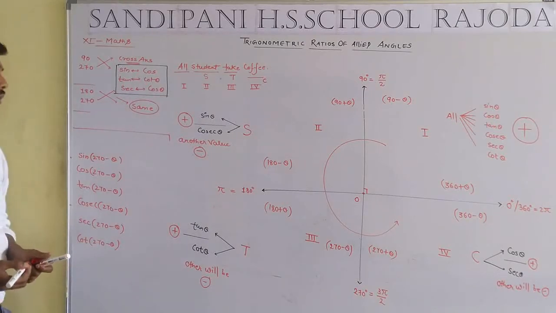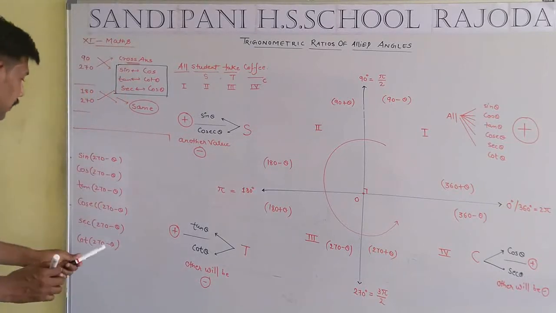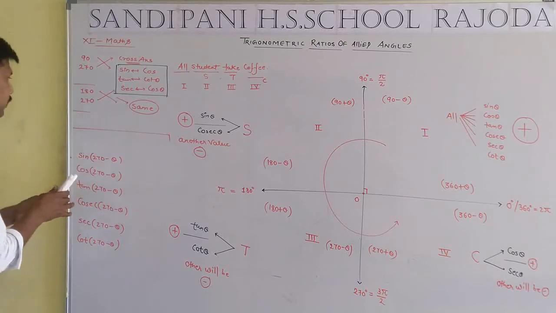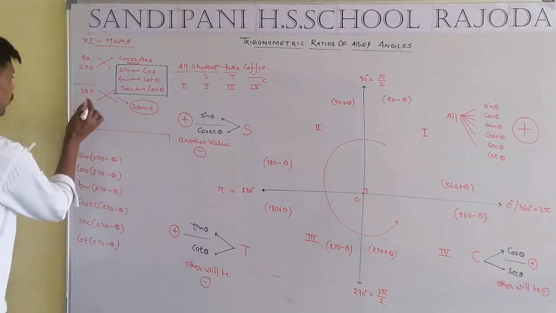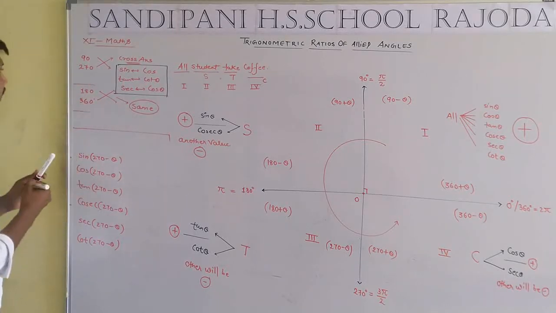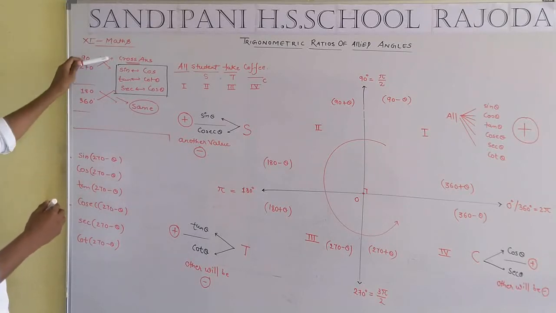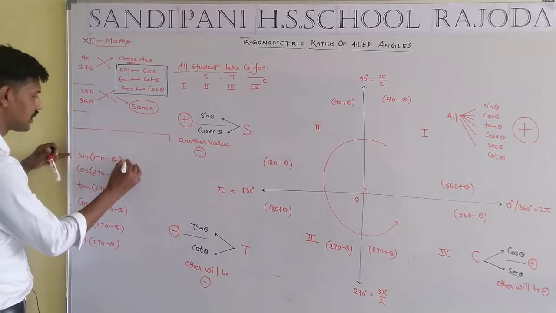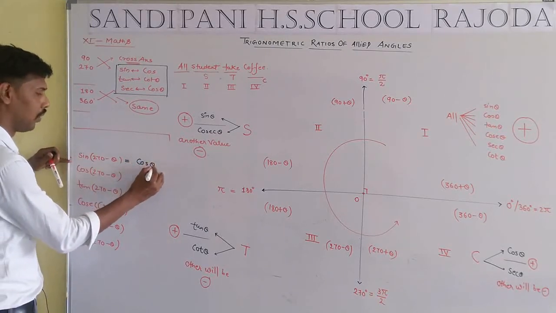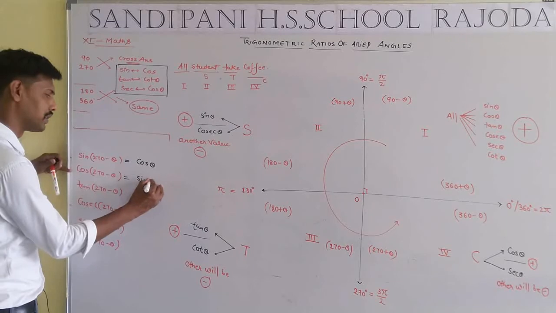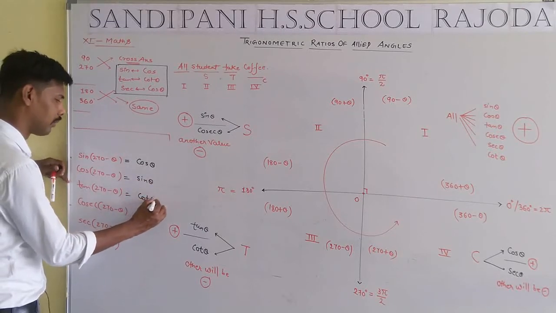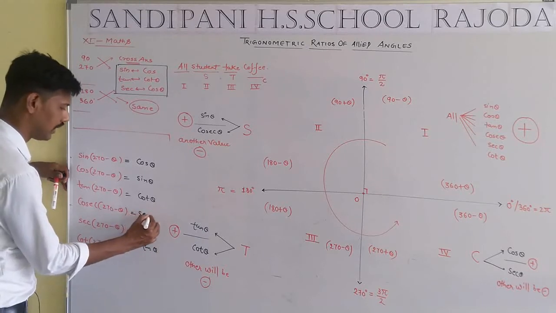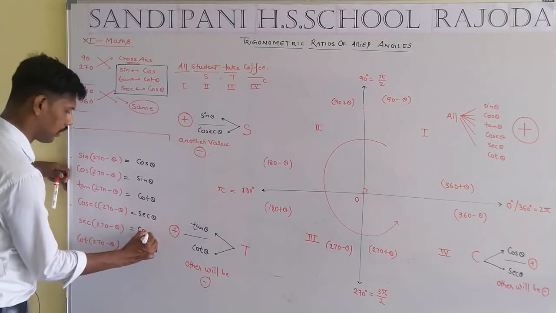In the case of 90 and 270, the answer will be cross. What is the meaning of cross? Sine will be equal to cos, cos will be equal to sine, tan will be equal to cot, cot will be equal to tan, cosec will be equal to sec, and sec will be equal to cosec.